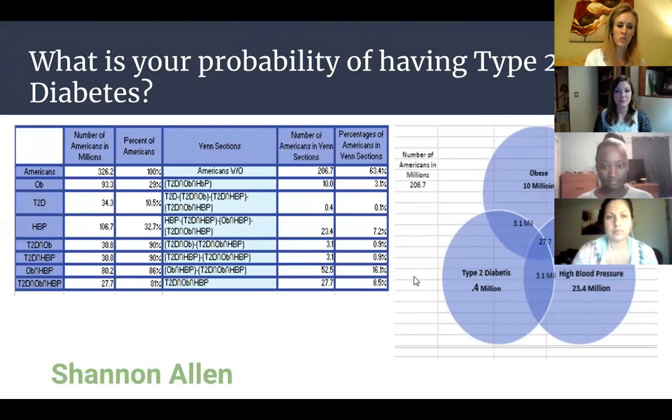What part of the country you live in would determine the food culture, for example. Some of these are linked to certain conditions, like stressors have been linked to high blood pressure. So to answer this particular question, according to the data that is listed here, I have a 10.5% probability of having type 2 diabetes.